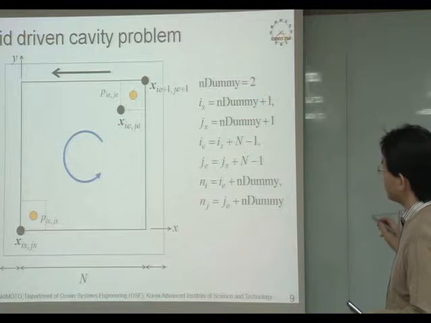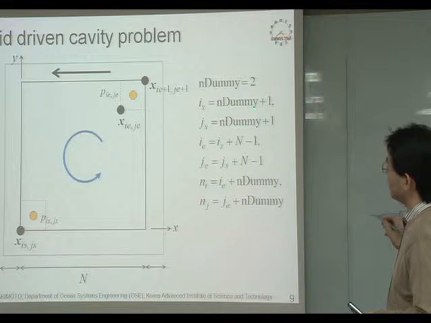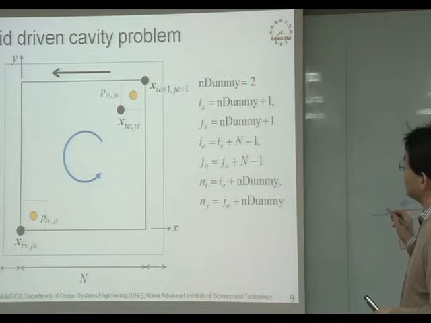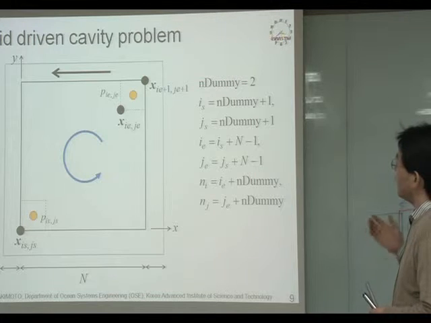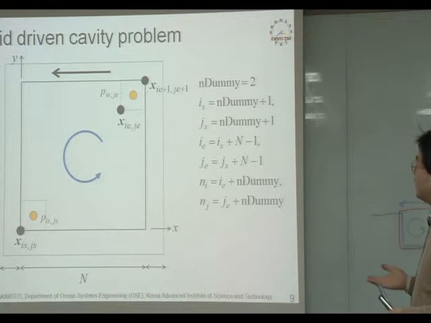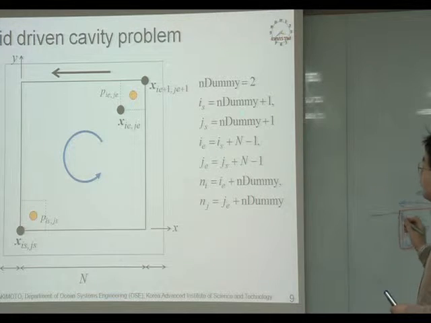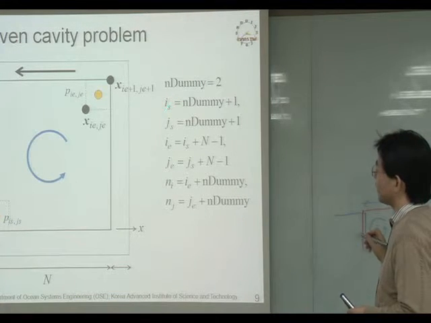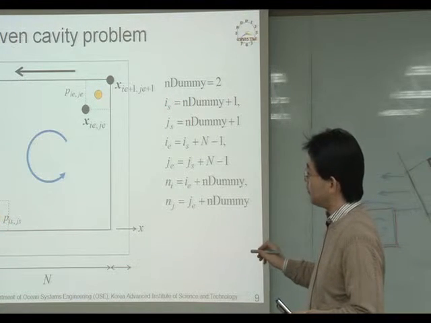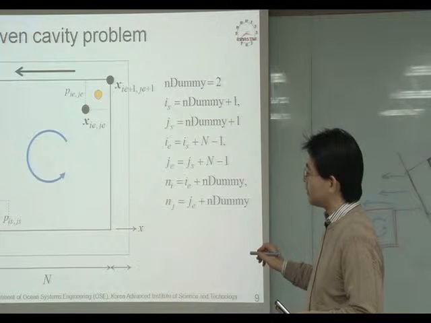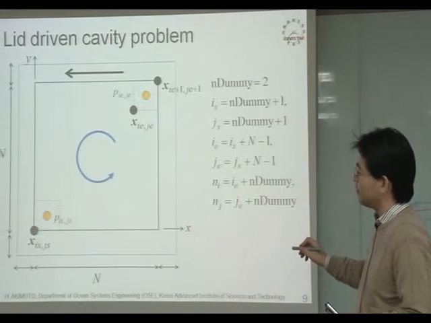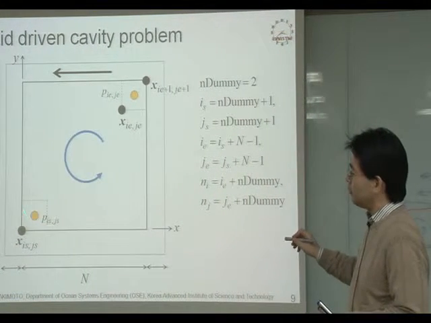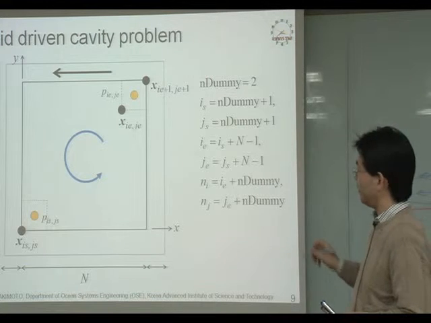So this writing is for Fortran code. In this case, index 1 and 2 are used as dummy, and 2 plus 1, that is 3. Point i equal to 3 and j equal to 3 is the first point of fluid simulation, fluid evaluation.